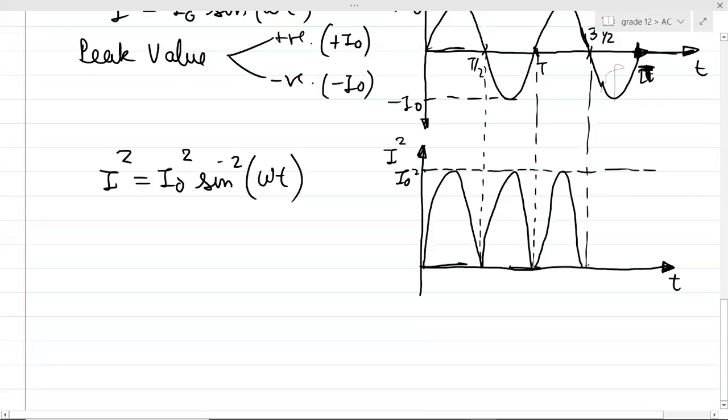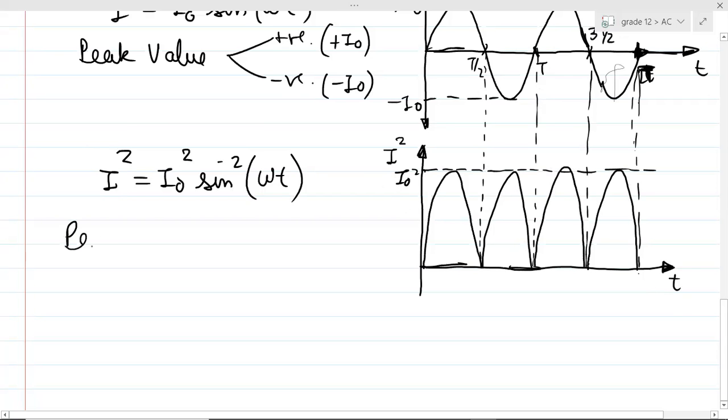It's not possible for me to draw it exactly, but try to draw it. Okay guys, you understood this? If I draw the graph of I square versus t, it will always be a positive value, whether it was in the negative half cycle or not, right?